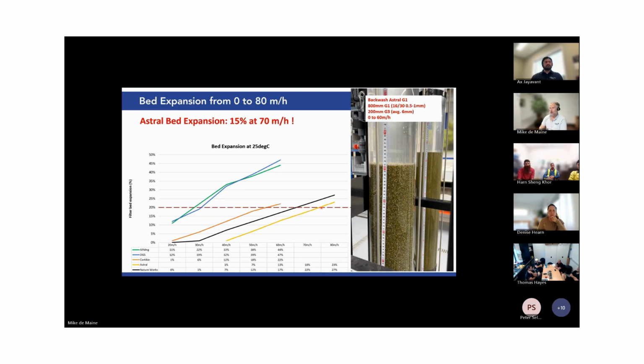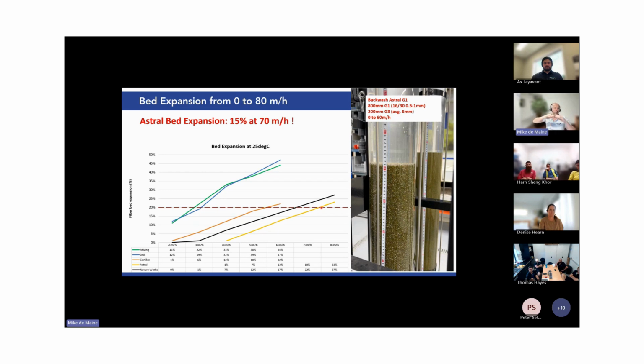So two things. If you look at our documentation, we always recommend 40 meters per hour backwash velocity. Why is that? We get bed expansion at 28 meters per hour, but in most applications your organics, once they combine in your filter, become heavier than what 28 meters per hour can lift out of the filter.